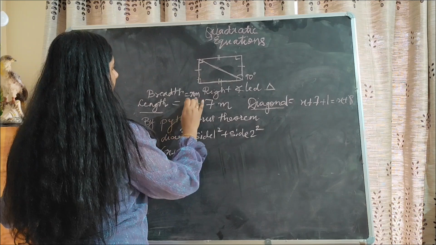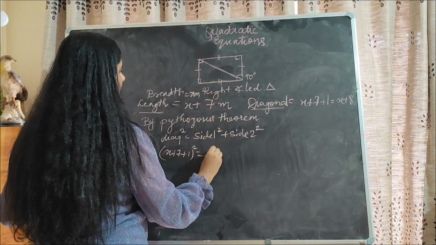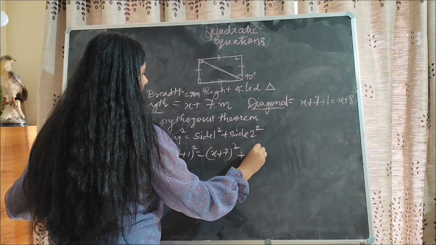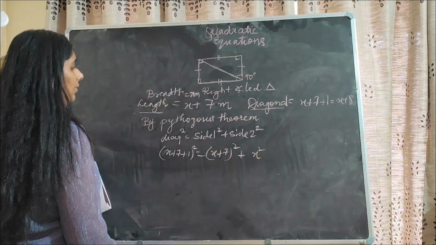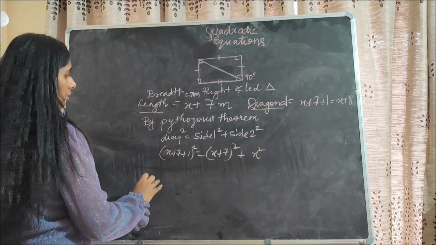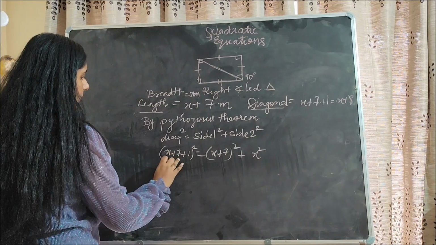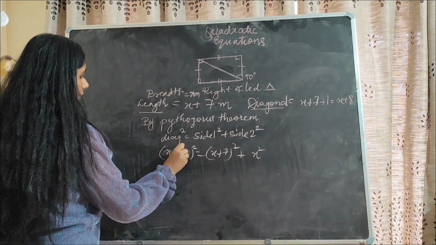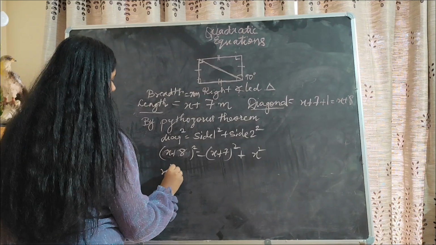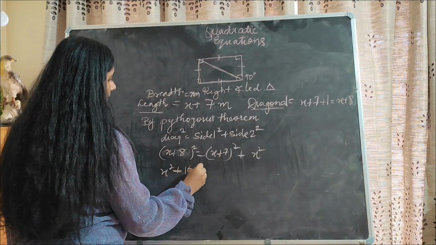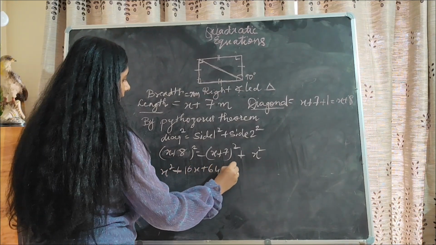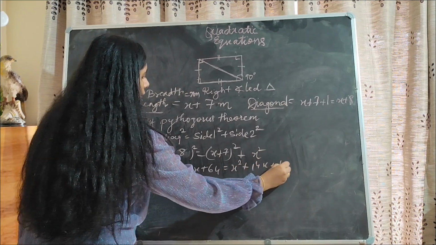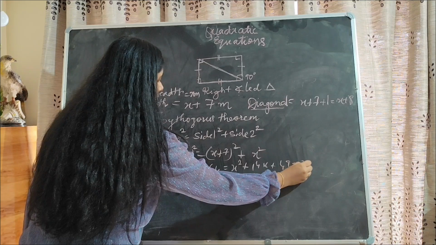Side 1 is the length, which is x plus 7 the whole square, and side 2 is the breadth, which is x square. So now this is x plus 7 plus 1, which is x plus 8. So x plus 8 whole square, x square plus 16x plus 64, is x square plus 14x plus 49 plus x square.